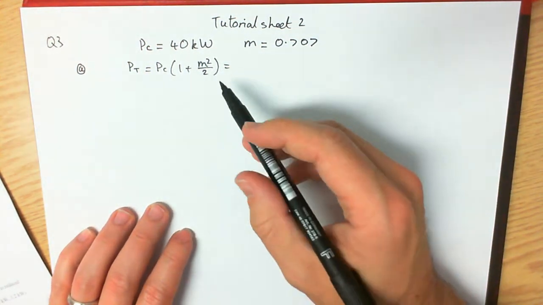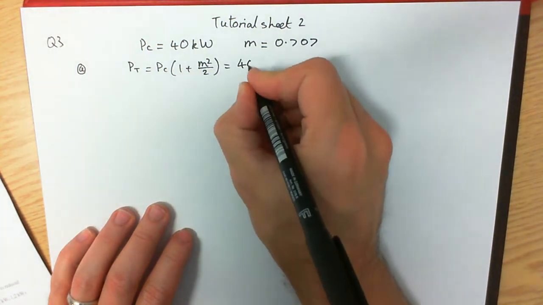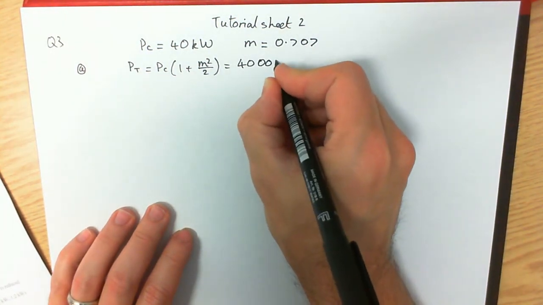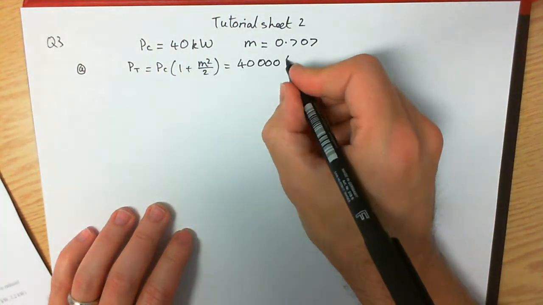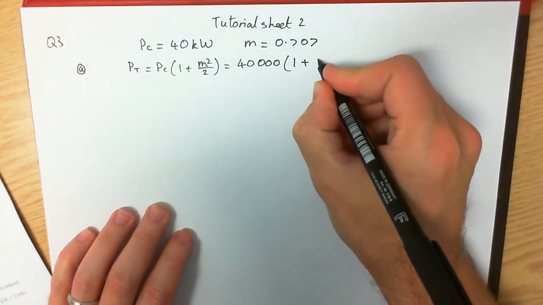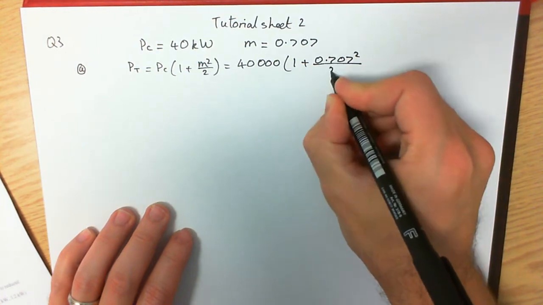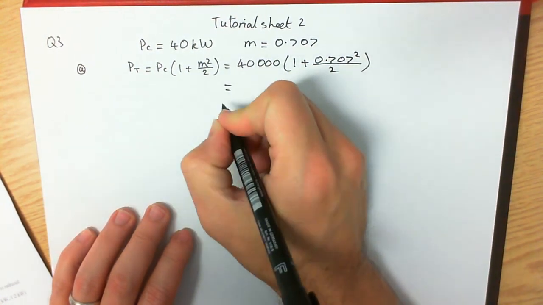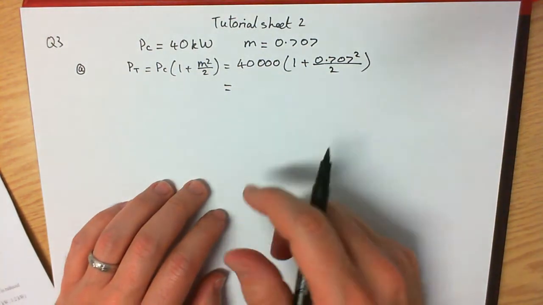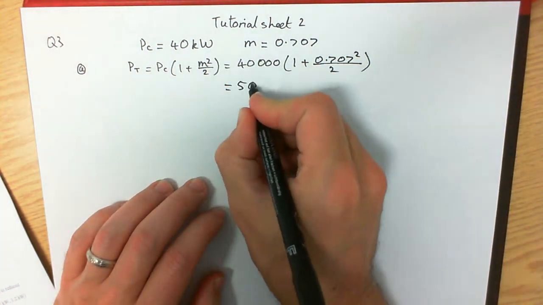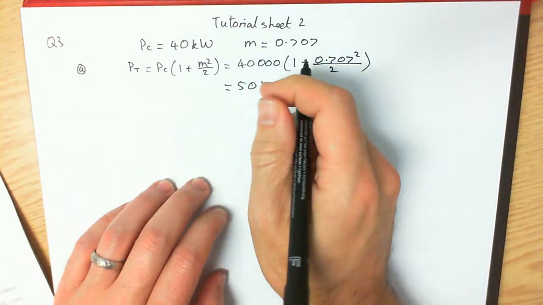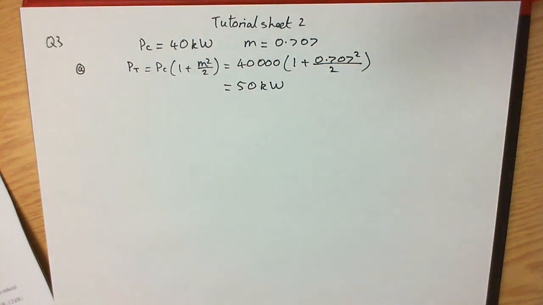We have all the bits of information that we need. We know that PC is 40 kilowatts. We know that m is 0.707. So if we work that out, we get total power of 50 kilowatts.